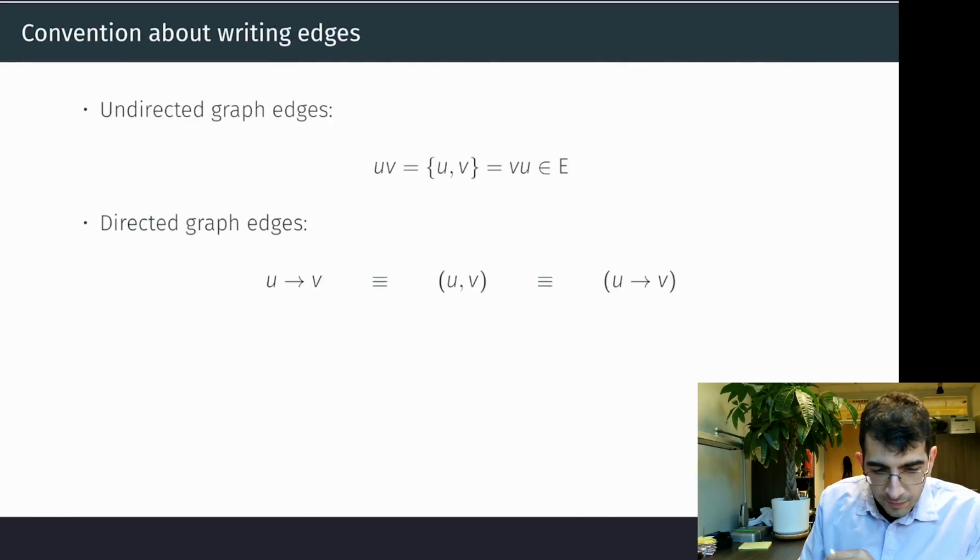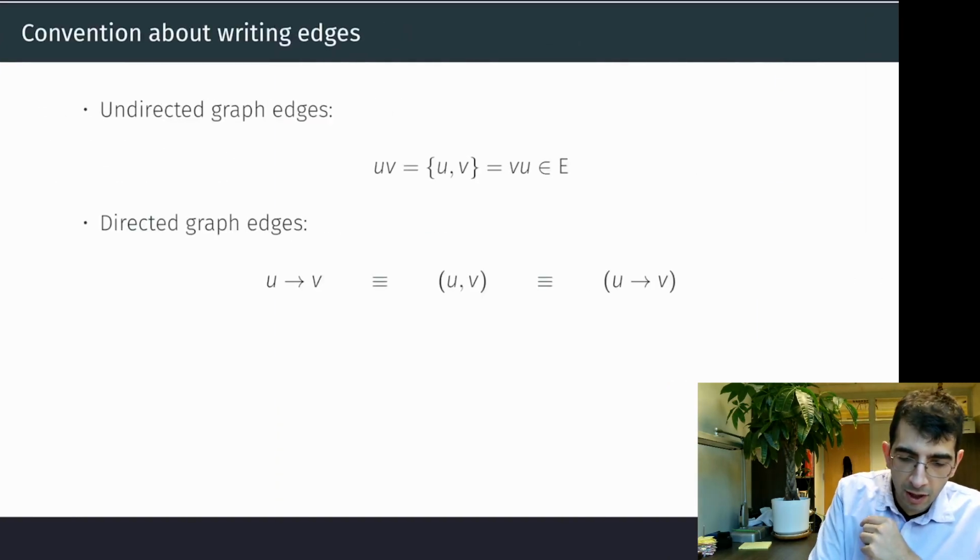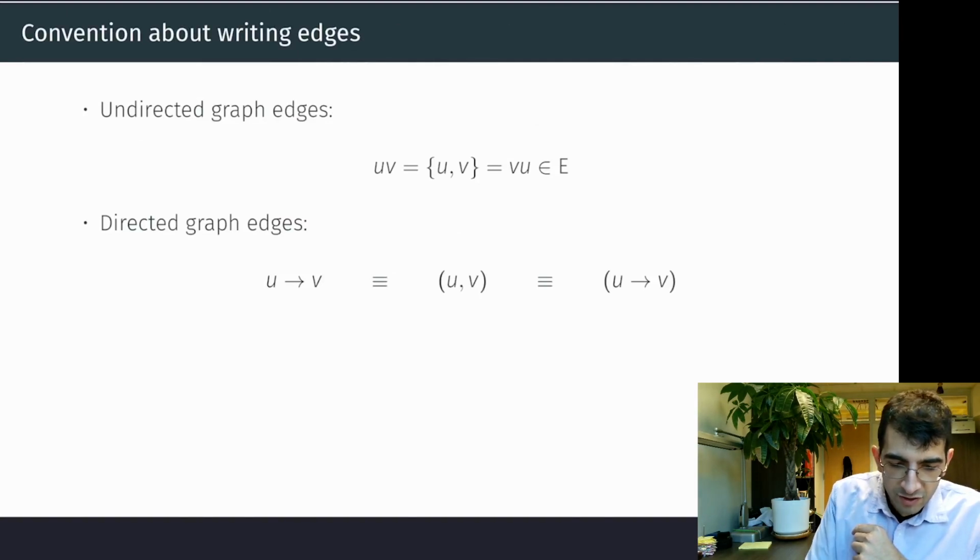So let's just recall for a moment our convention about writing edges, namely that in an undirected graph, an edge is a set because the order of vertices is irrelevant. The edges are undirected. In a directed graph, an edge is an ordered tuple. And it's written in so many different ways.